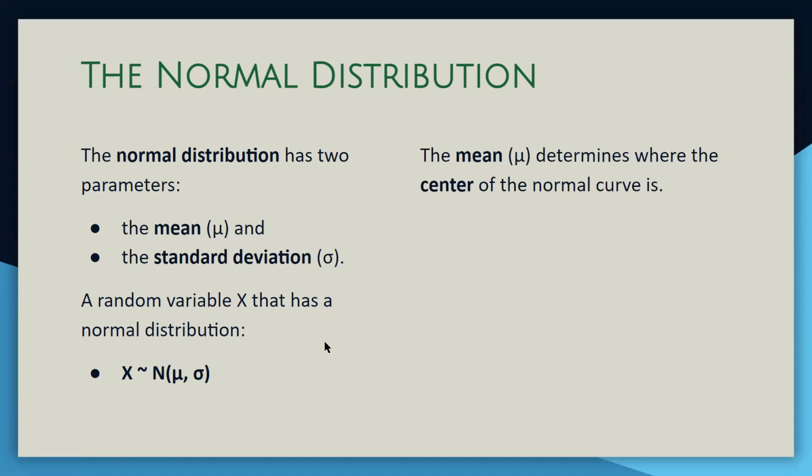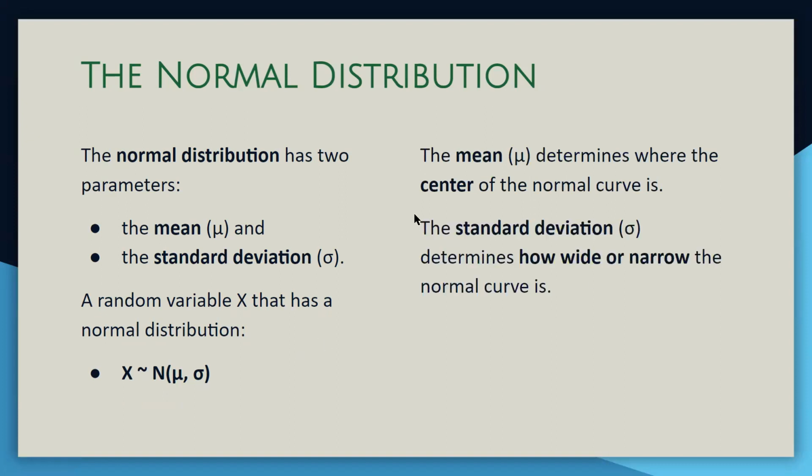Of those two parameters, the mean determines where the center or the peak of that normal curve is. It tells us where along the number line the peak of the bell will be. The standard deviation, sigma, determines how wide or narrow that normal curve is. Is it a super skinny bell or is it a low flat bell?